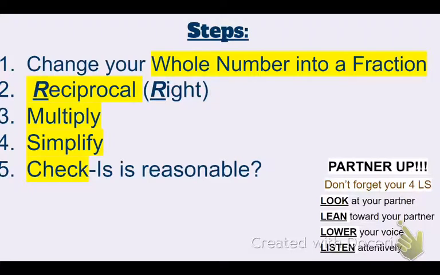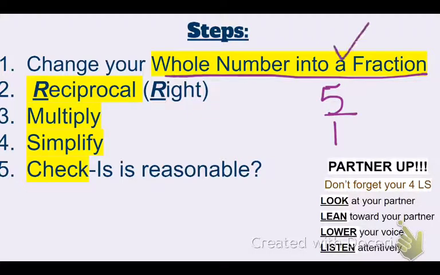The first thing you're going to want to do today is change that whole number into a fraction. So if they give you the whole number 5, go ahead and put a 1 underneath it. Make it a fraction. After you create a fraction, move on to step 2. Step 2 is the reciprocal. Notice that I put right. It is the number or fraction on the right that we will do the reciprocal to.